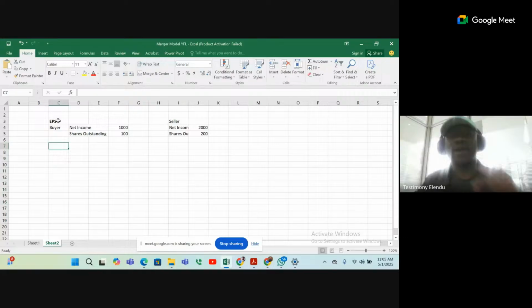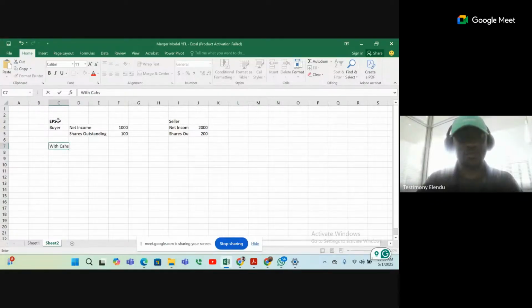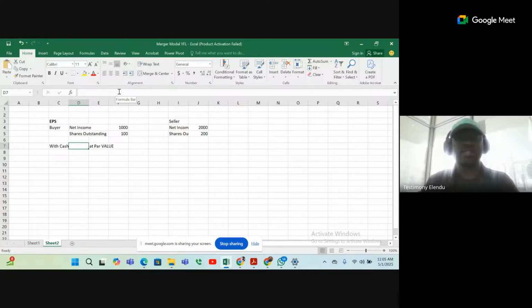So let's assume the buyer wants to buy the seller with cash, let's say at par value. What at par value means is that you are buying it and you are not paying anything extra.